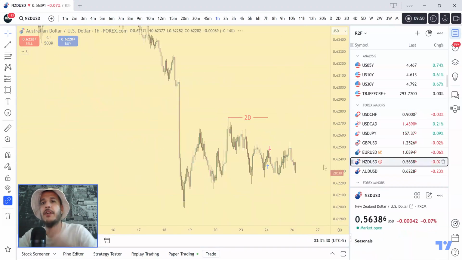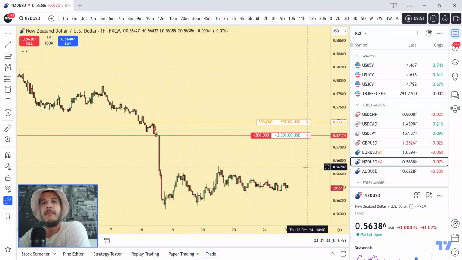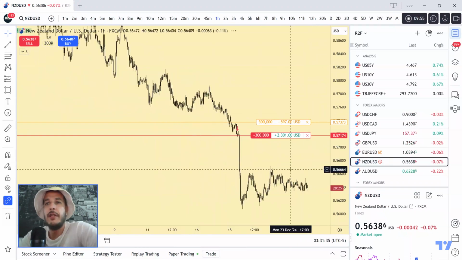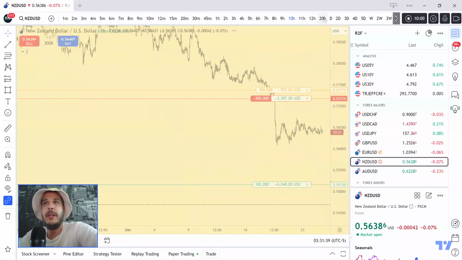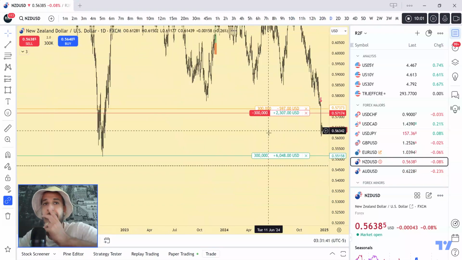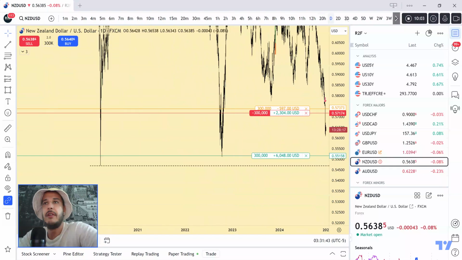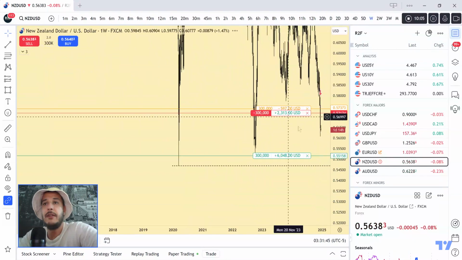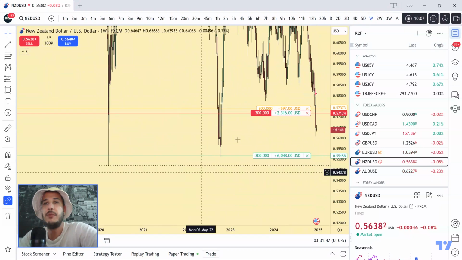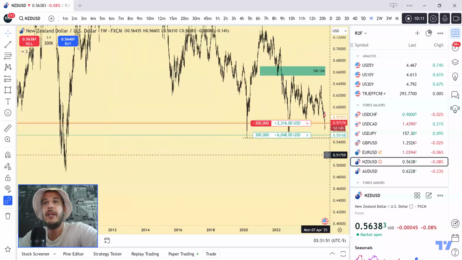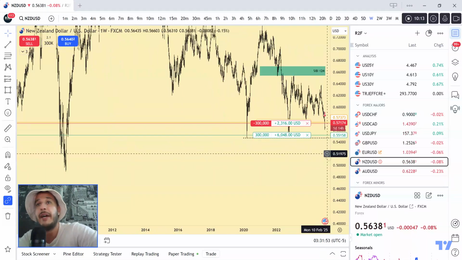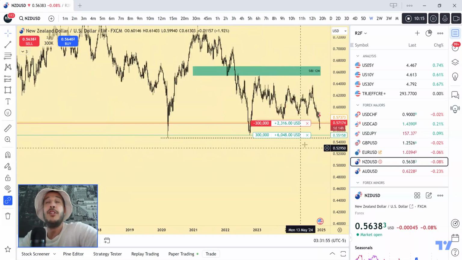New Zealand dollar, sorry. Yeah, shorting down here and expecting lower prices all the way down into here. Why there? Using the same concepts of liquidity, relative equal lows. These are smooth lows. Okay, a lot of orders resting below there.